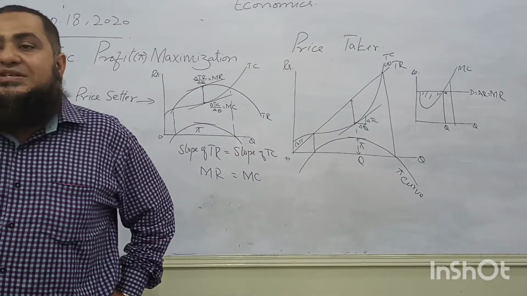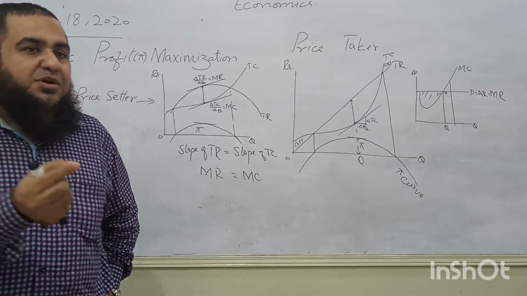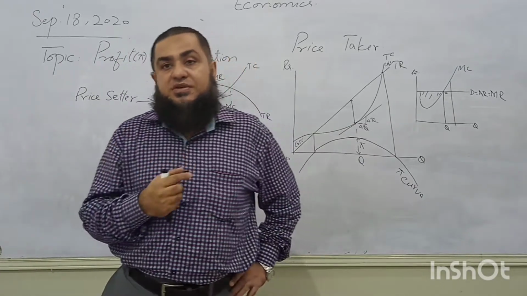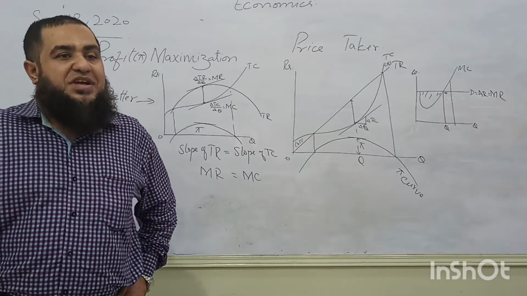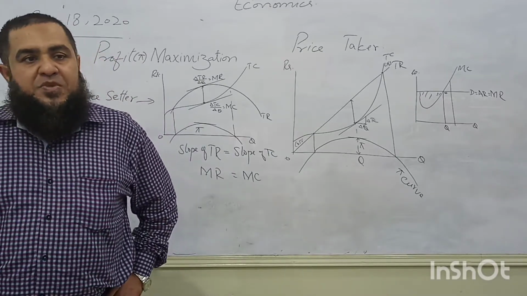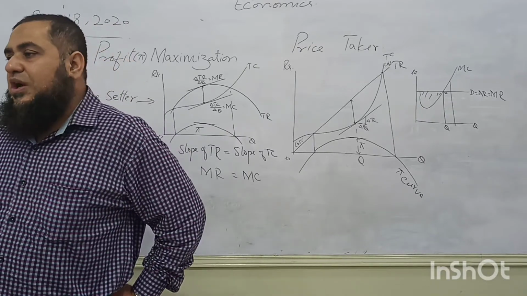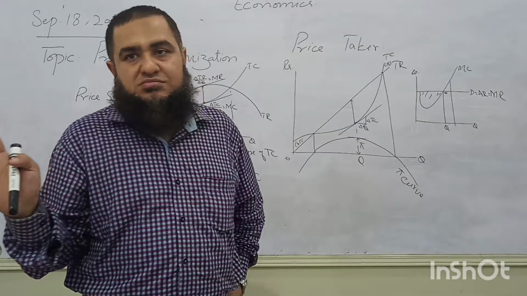If the price received by the firm is not covering the minimum of average variable cost, the per unit variable cost of production, that means the firm is unable to pay the wages to the workers and unable to pay the raw material suppliers, so it will simply shut down.